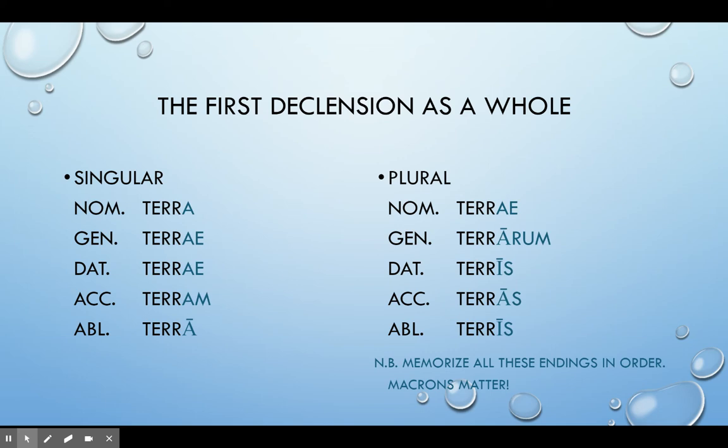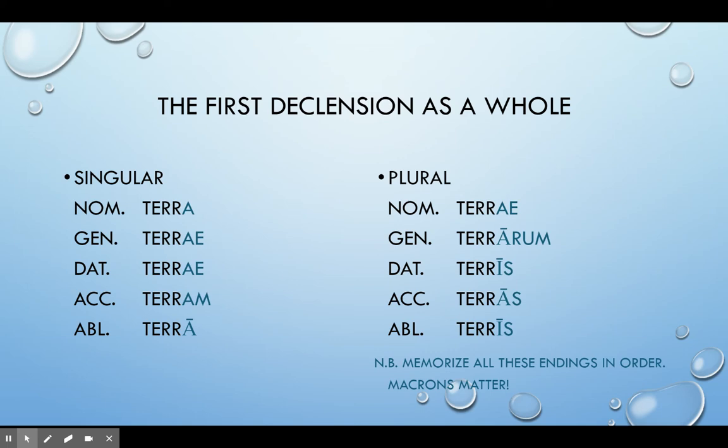The pattern of endings, AE, AE, AM, long A in the singular, AE, arum, is, as, is, they're actually easier to say than to spell. These are the endings of the first declension, and they must be memorized. They must be memorized in order.